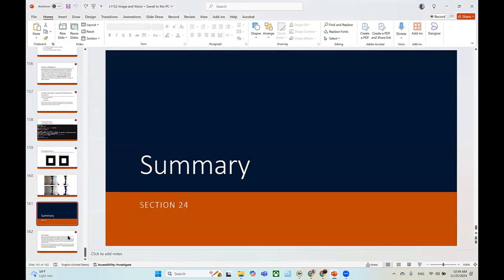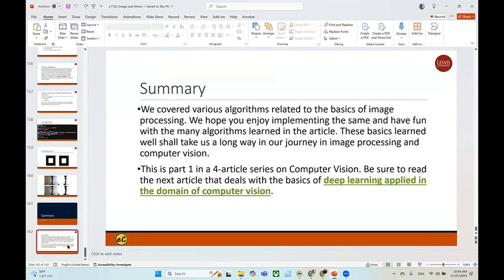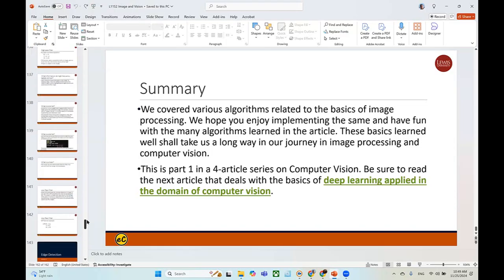So here we quickly go through different image processing and computer vision. The key point is that we're not trying to teach you everything in such a short time.